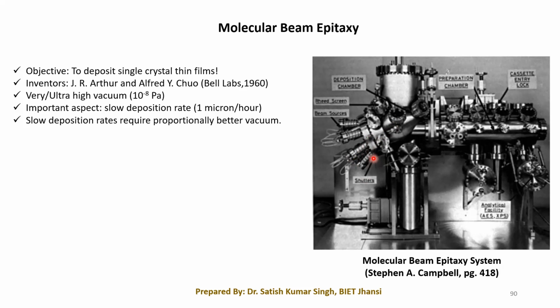Fine. Here you can see lots of other things, like a cassette entry lock. Through this entry we can place our substrate, either a single substrate or multiple substrates can be placed within the chamber for growth.